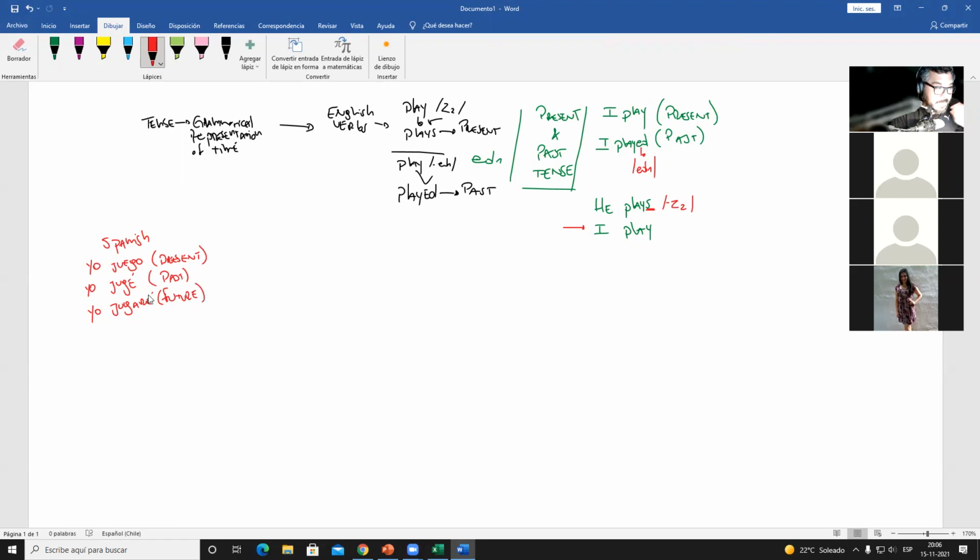Therefore, I can say that within the Spanish language, you can add these bound morphemes to the verb so as to represent the idea of time. In which times? Well, in different times. In these three different examples, you have present, past, and future.